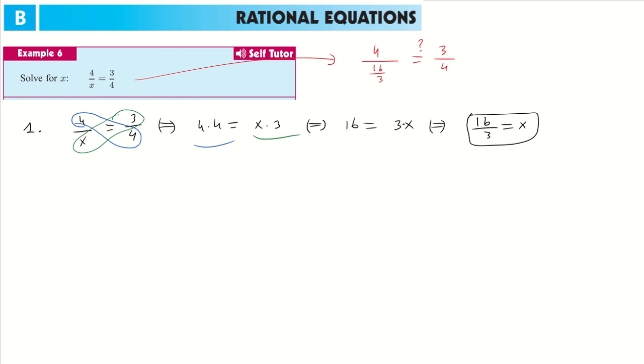So I have a 16 over 3. Since the 3 here is in the denominator of the denominator, I move it to the numerator. I get 4 times 3 over 16 should be equal to 3 over 4. Multiply and simplify my left-hand side.